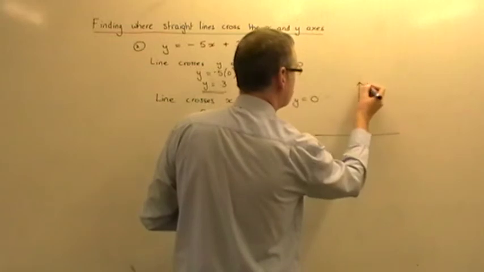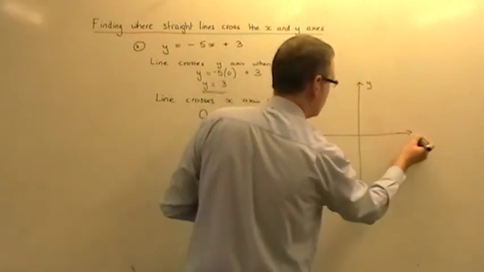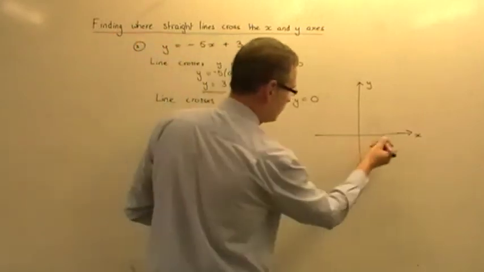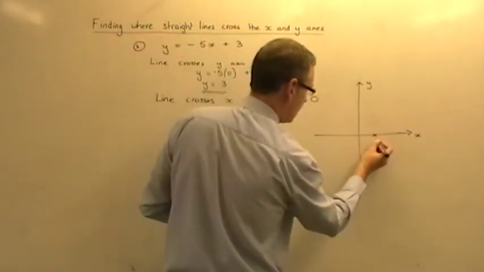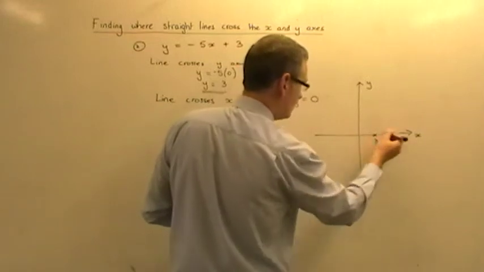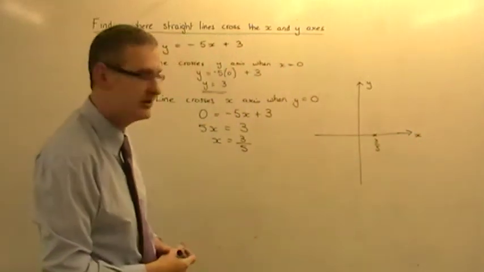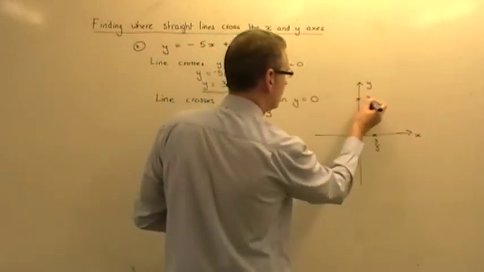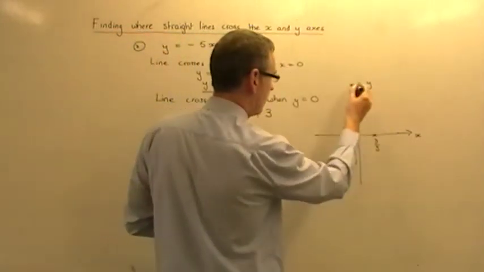Remember, you could do an accurate diagram if you so choose. I'm just doing a quick sketch here. X equals 3/5, so you go to 3/5 somewhere here on the x-axis. I'm not marking in 1, 2, 3 or anything, just plonking 3/5 on the sketch. And y equals 3. Something up here, y equals 3, and then you just join them up.